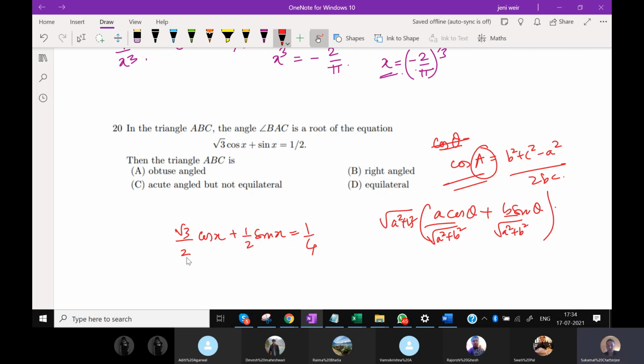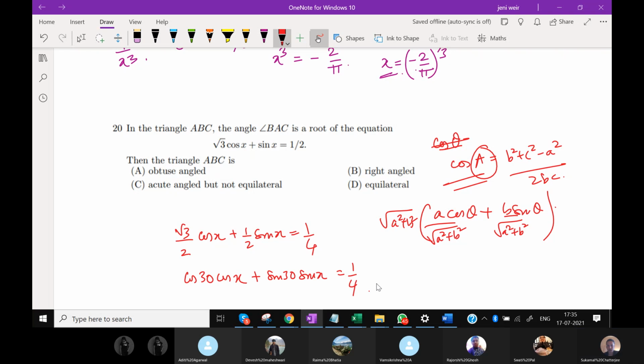So what is root 3 by 2? Cosine 30, into cosine x plus sine 30 into sine x equals 1 by 4.